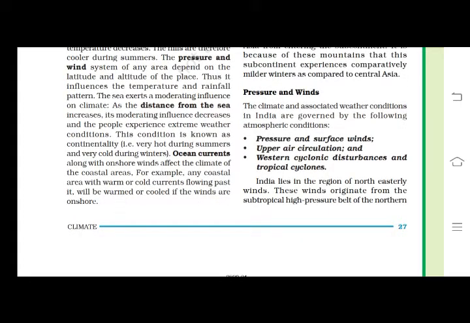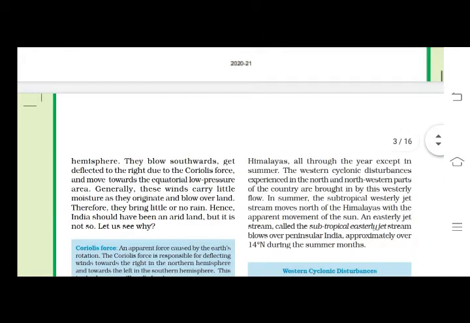Now, India lies in the region of northeasterly winds, and these winds originate from the subtropical high pressure belt of the northern hemisphere.